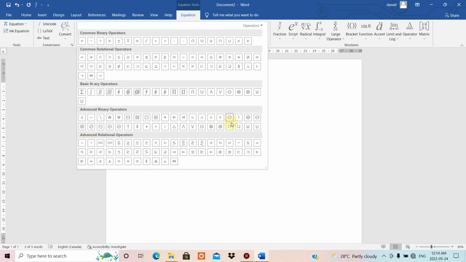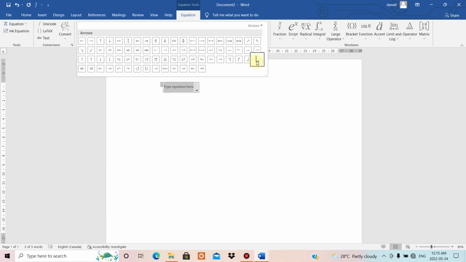So these are the advanced. So when you are setting a binomial expression and you need summation, star, addition, you can find them here. And we have the advanced operational operators. They can be found at the operators. So if you need any operator, you navigate to operators and you find the sign and symbol over there.